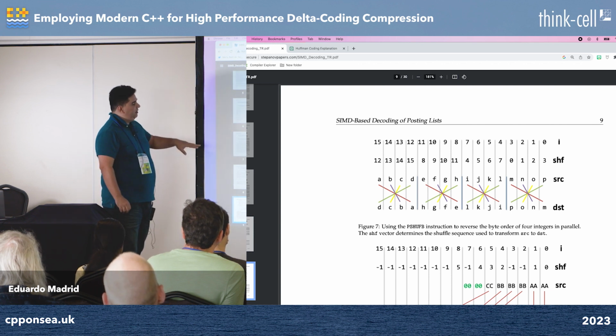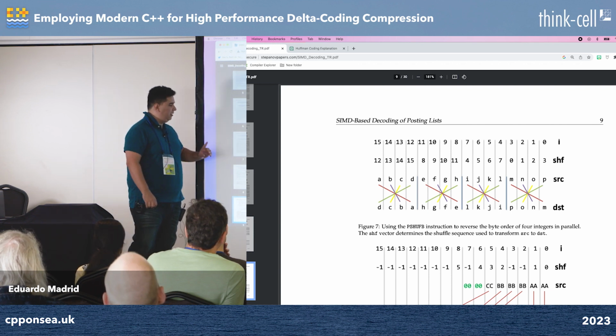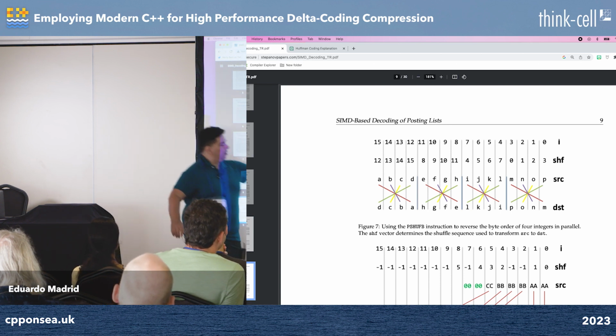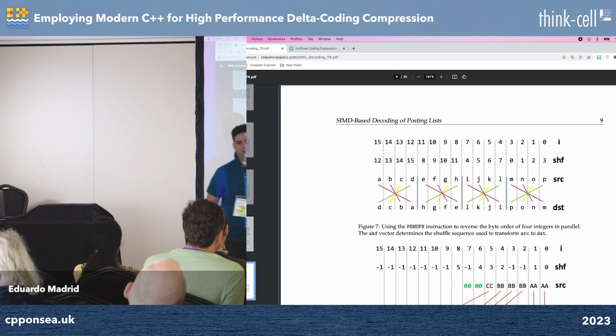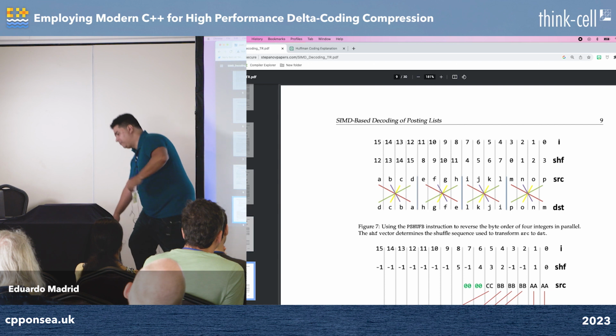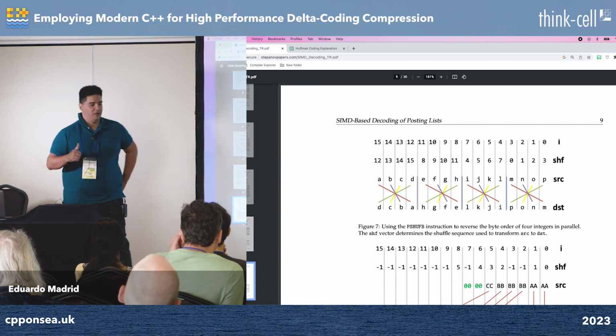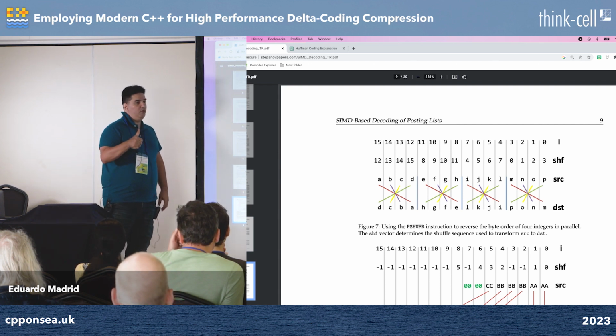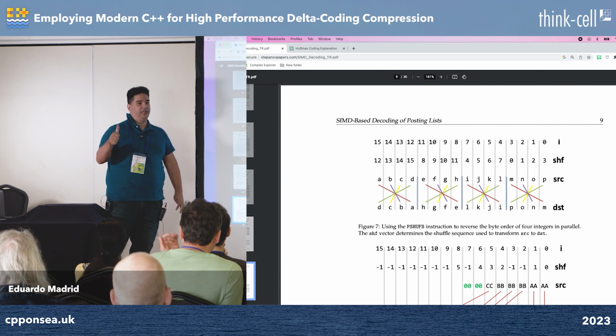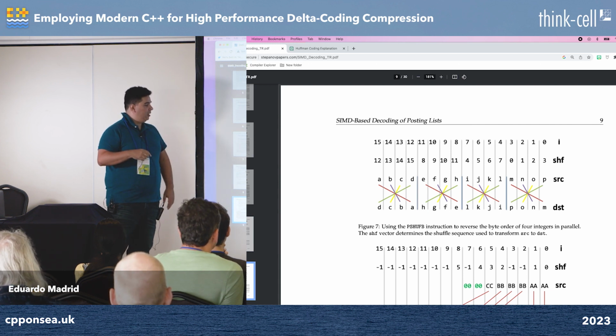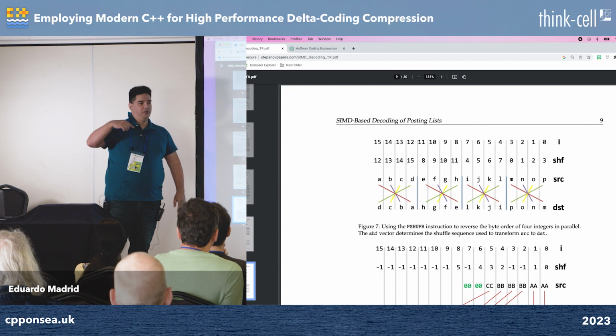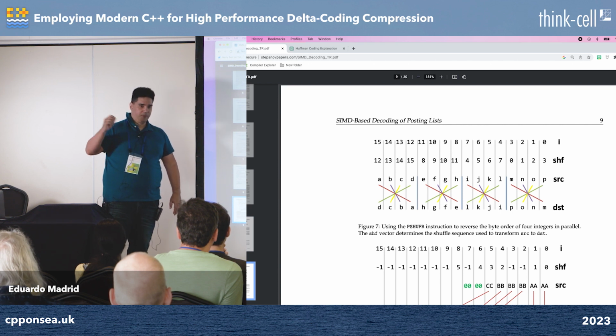And the dead end is the use of the assembler instruction shuffle bytes, PSHUFB. And shuffle bytes is like a magical instruction because it allows you to do simultaneously, in this particular example, 16 lookups into lookup tables, all right?